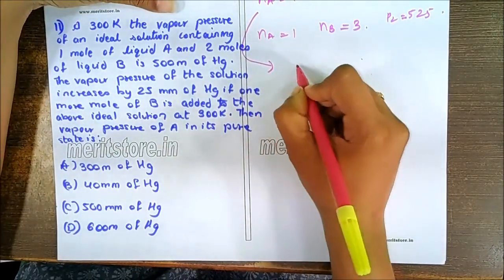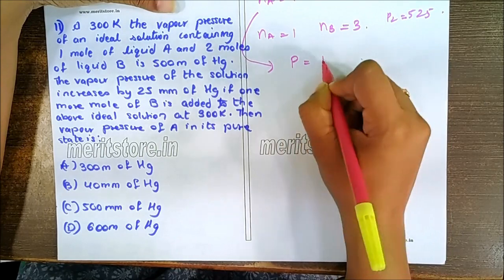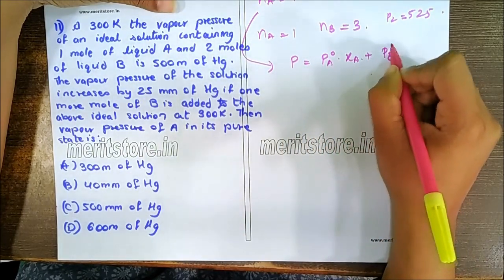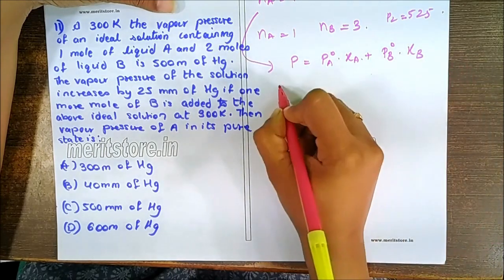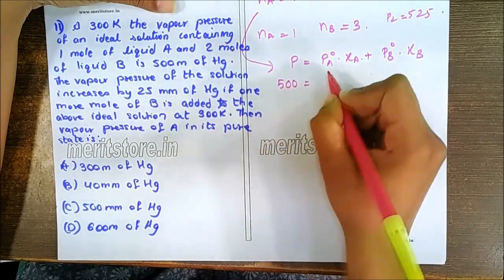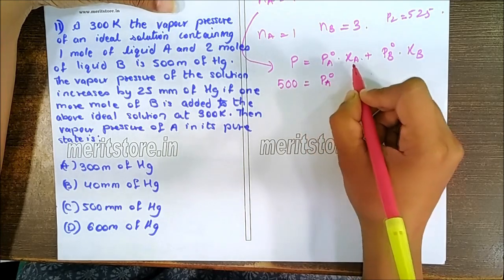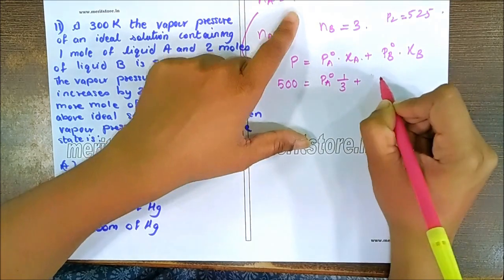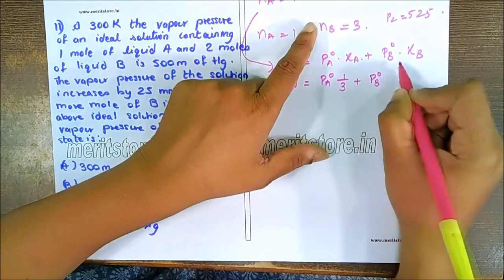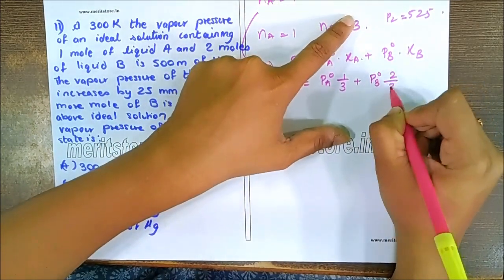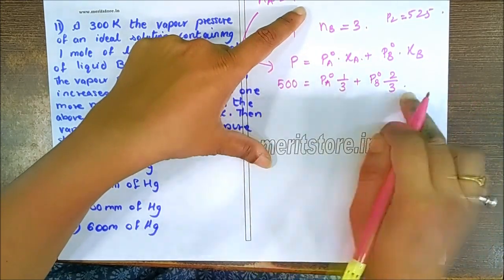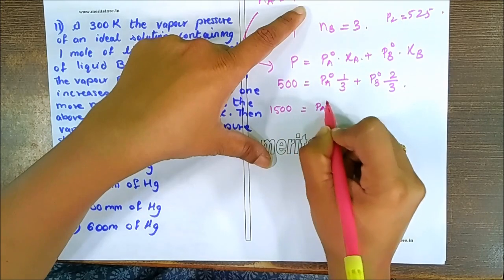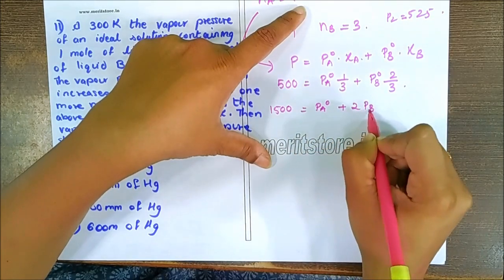Now according to Raoult's law, P is equal to PA0 into XA plus PB0 into XB. Under the first condition, 500 is equal to PA0 times the mole fraction 1 by 3, plus PB0 times 2 by 3. We multiply the entire equation by 3, so 1500 is equal to PA0 plus twice PB0.